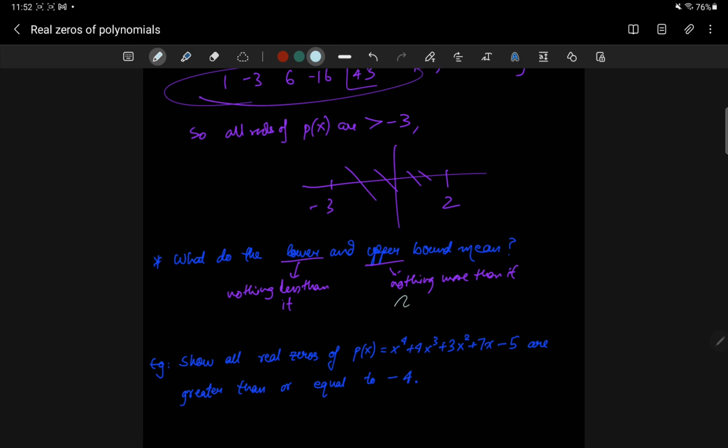Another way to say that is everything is less than the upper bound and everything is greater than the lower bound. So basically it gives you a range where the roots can lie.